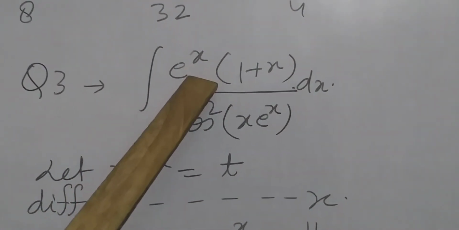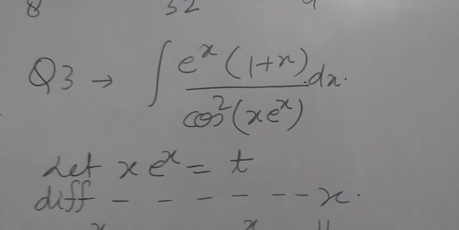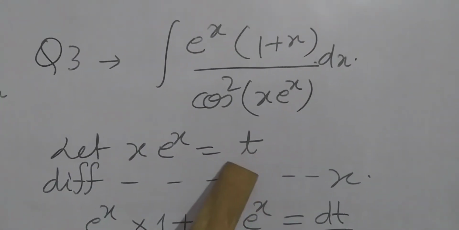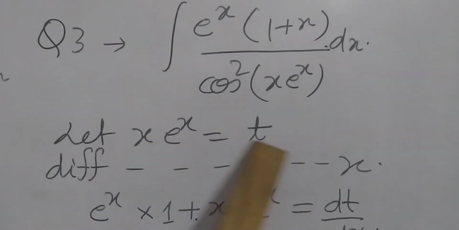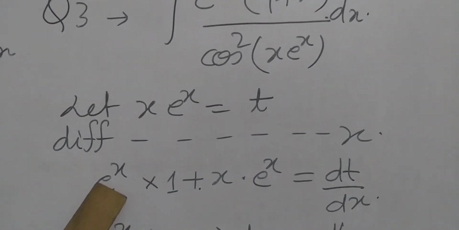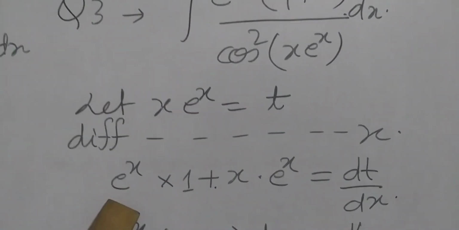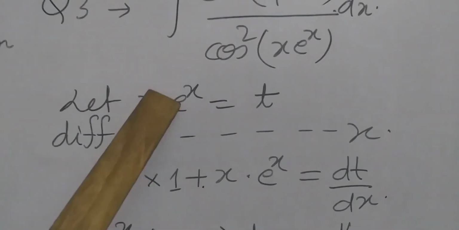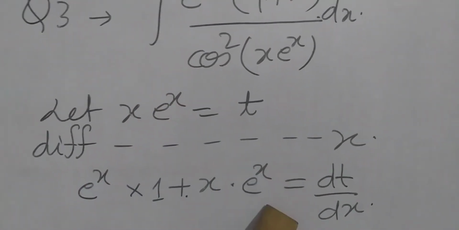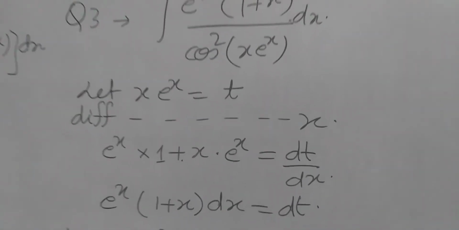Now one more question, student. Integration of e to the power x, 1 plus x upon cos square of x into e to the power x. So let x into e to the power x equal to t, differentiating both sides with respect to x. So e to the power x into 1, we are going to use the product rule here. E to the power x as it is, x differentiation 1 plus x as it is, e to the power x equals dt upon dx.